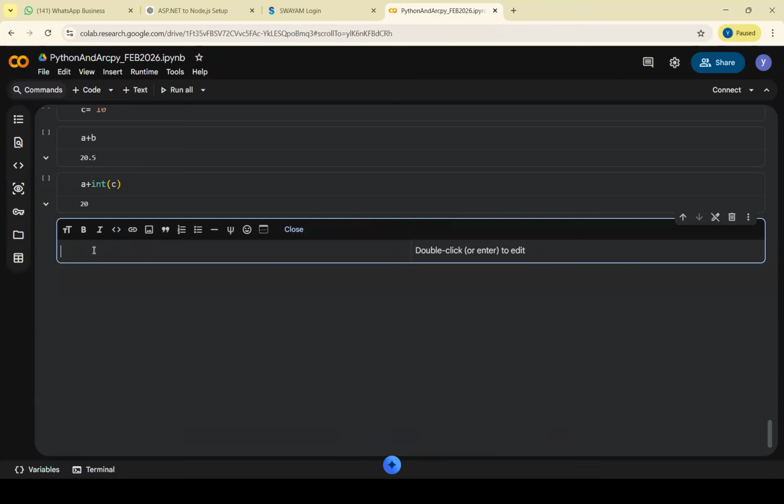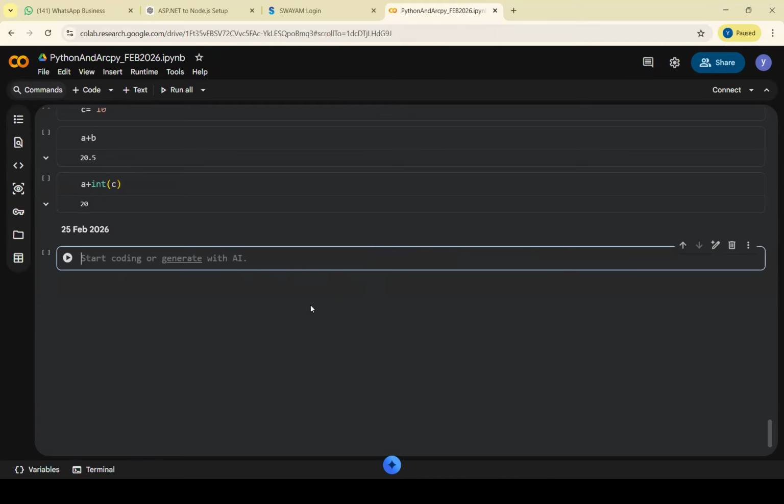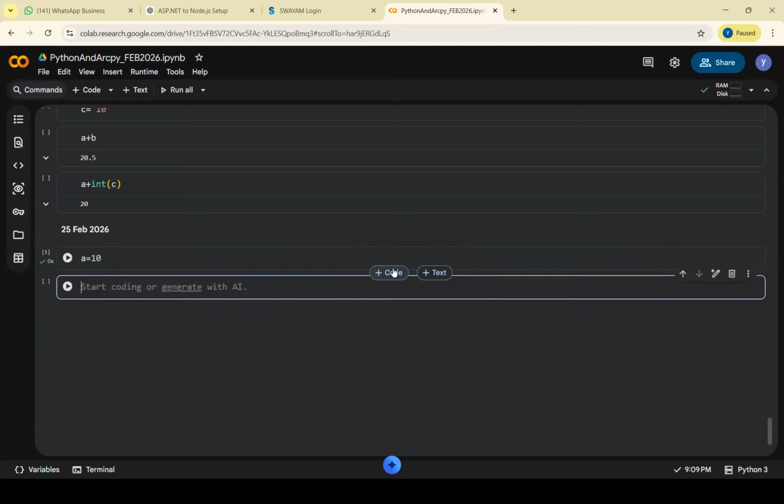So now we will write today's date. Today is the 25th of February. I will make this bold and then we'll write the code. Let's suppose I write a is equal to 10 and run this. As you know, the first time it takes a little bit of time. Then we have b is equal to 20.